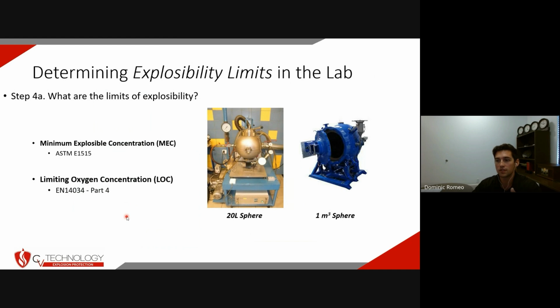So both of these tests, minimum explosive concentration and limiting oxygen concentration, are both typically done in the 20-liter Kuehner sphere that I was talking about, or the more rare 1 cubic meter sphere. Both of them can be accomplished in either of those.